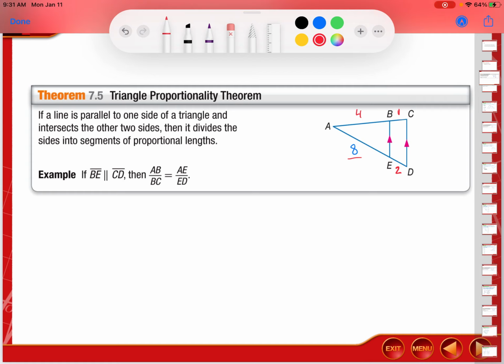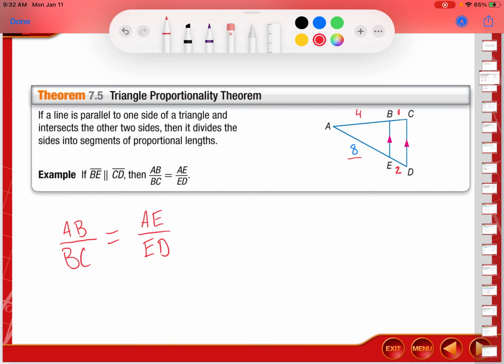So how we would set up that proportion is, we'll set it up just like they do first, and then I'll show you how I set it up just because I'm particular. So they said AB over BC equals AE over ED.